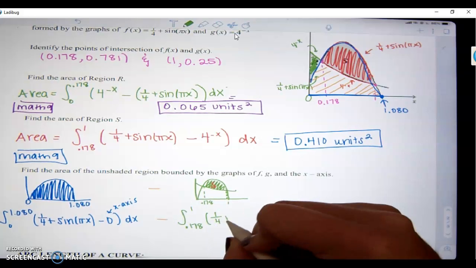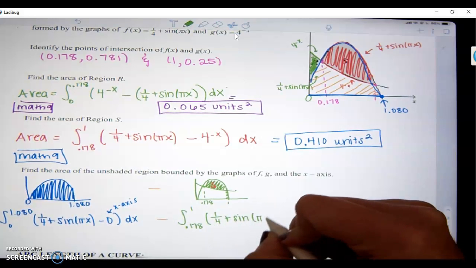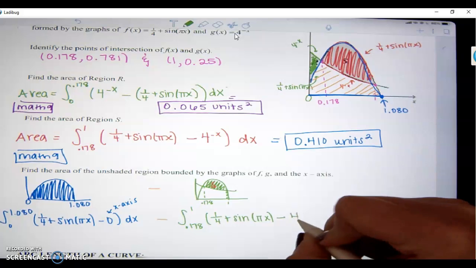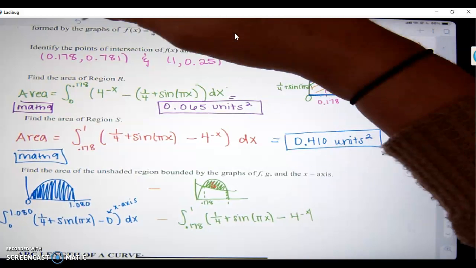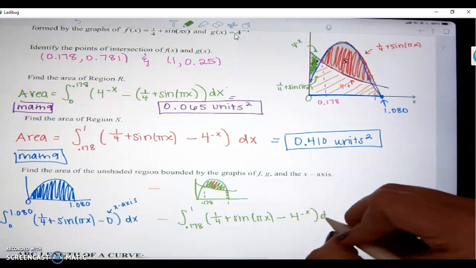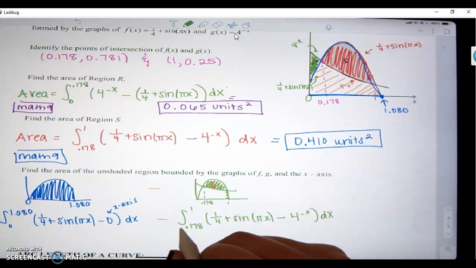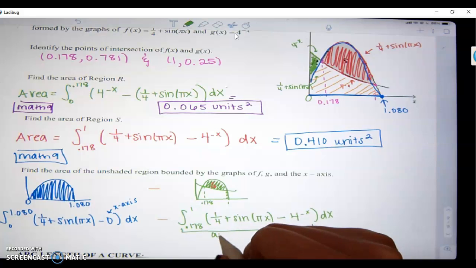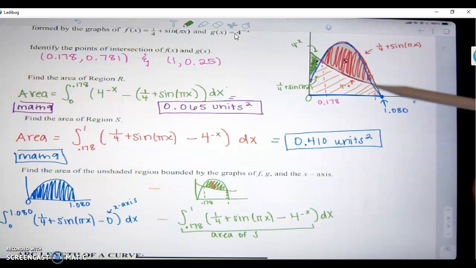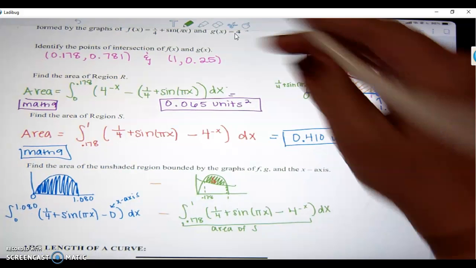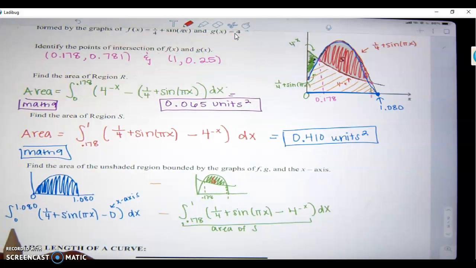And that had 1/4 plus sine of pi x on top, minus 4 to the negative x dx. Okay, but really this is just the area of S. So if we subtract out the whole area under the curve minus S, that will leave us with that orange part there.